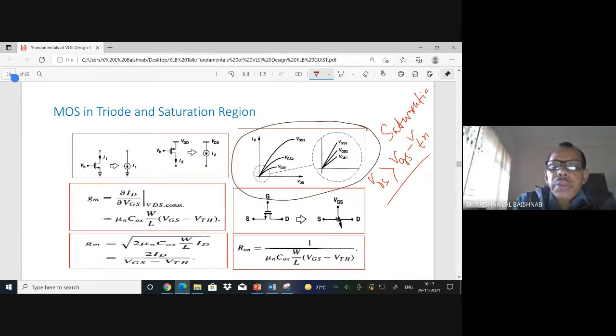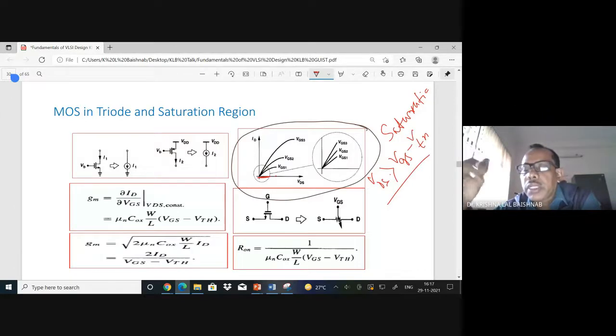So at a very, very low VDS, the MOS is in triode region, and that is a linear relation. Understand my point? This is the formula for the saturation region, and obviously another term, VGS should be greater than VTH. This is always known, otherwise the MOS will be off.